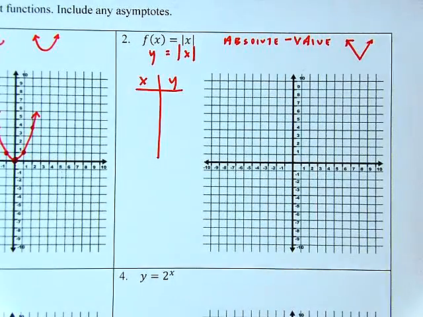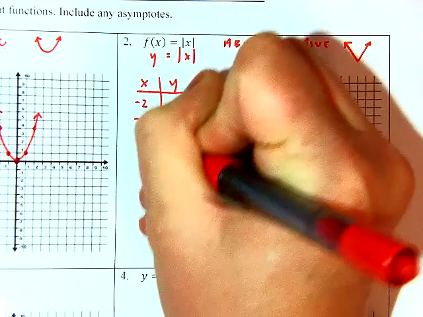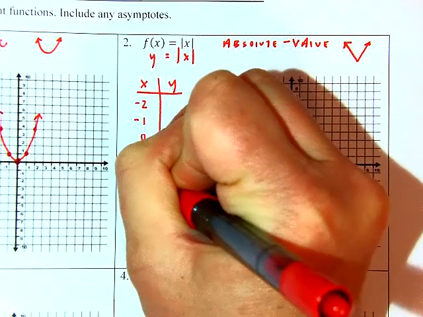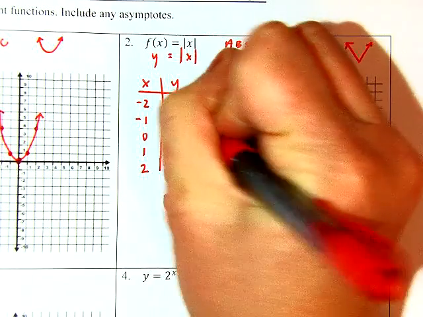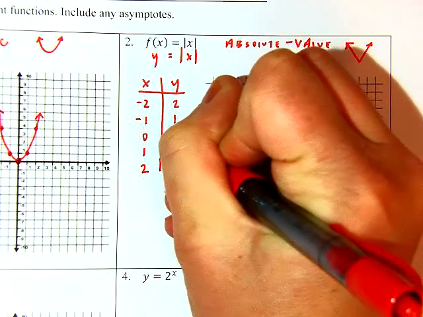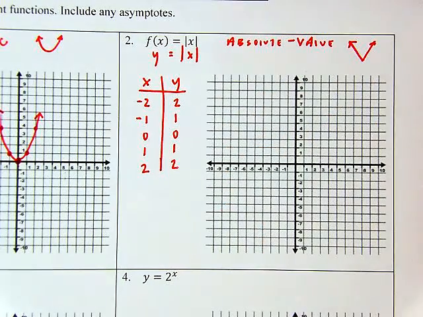And I'm going to use the same inputs. I'm going to input a -2, -1, 0, 1, and 2. So if I put any number into absolute value bars, it just forces that number to be positive. So -2 becomes 2, -1 becomes 1, 0 stays 0, 1 stays 1, and 2 stays 2.